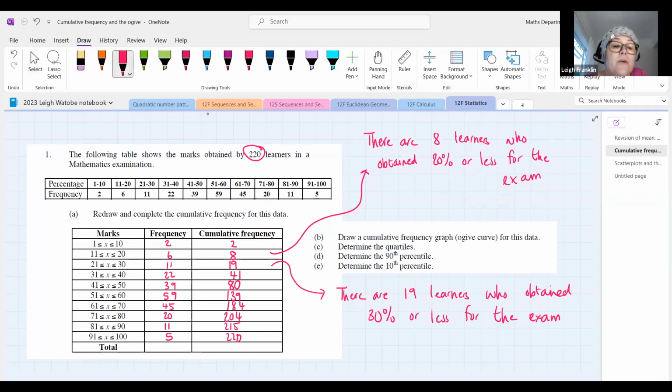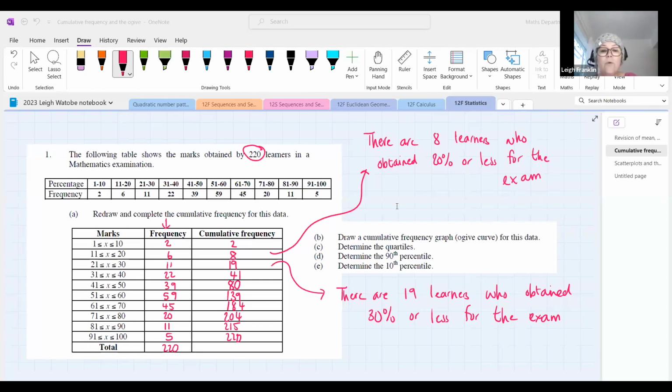If we add up our frequency column, 2 and 6 and 11, you should find that it adds up to 220 as well. Good job.